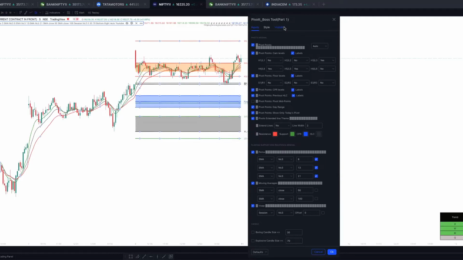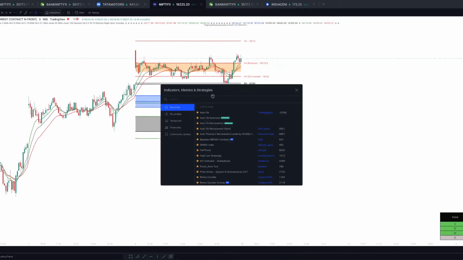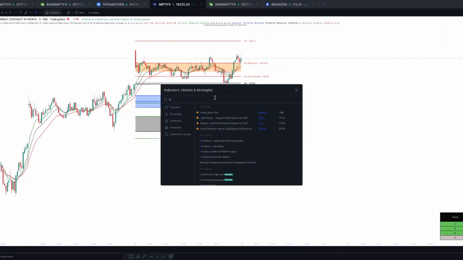Sorry to interrupt, there's a question from Chandra Gowda. He's asking which one to use, as there are many pivot boss indicators. The author is Mukul. He has really created this one in a nice way. If you want, I can type the author's name.